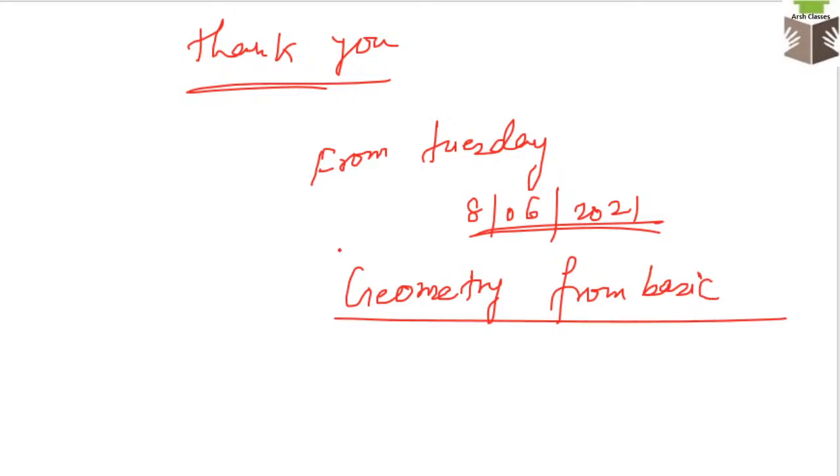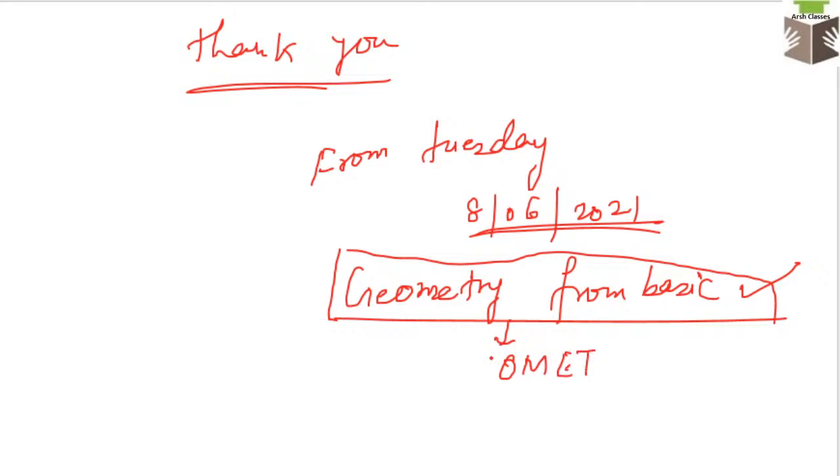Exactly because the basics are important to solve advanced level questions, and also the basics will be important for all the other management entrance tests. If you attend this geometry class very seriously, definitely your geometry problems will be solved, and you can attempt almost all geometry questions in each and every MBA entrance exam.